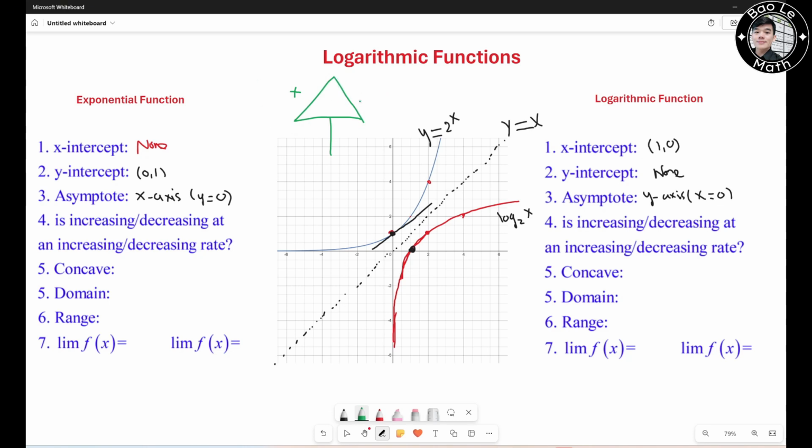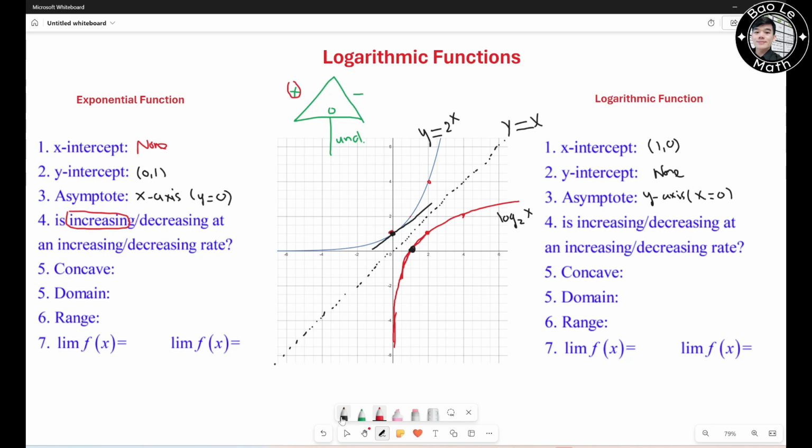If the lines go in this way, the slope is negative, and the function is decreasing. If you see a horizontal line, the slope is 0. If you see a vertical line, the slope is undefined. Now, when you draw a tangent line of this exponential function, it goes this way, which means the slope is positive. Because the slope is positive, the function is increasing.